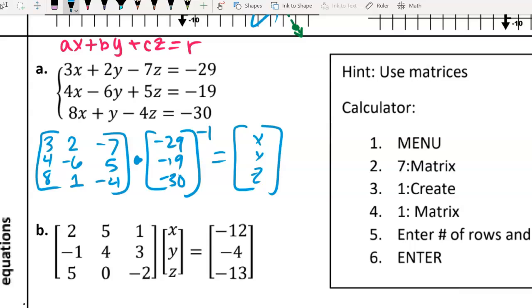So we're going to put a first matrix of 3 rows by 3 columns, and then you'll enter those numbers.